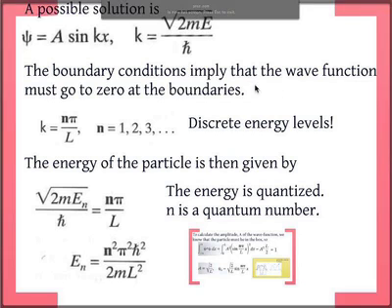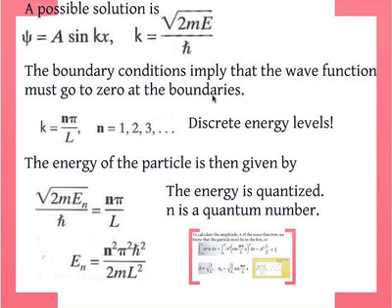Then the boundary conditions imply that the wave function must go to 0 at the boundaries. So sine kx when x equals 0 is what? 0, right?